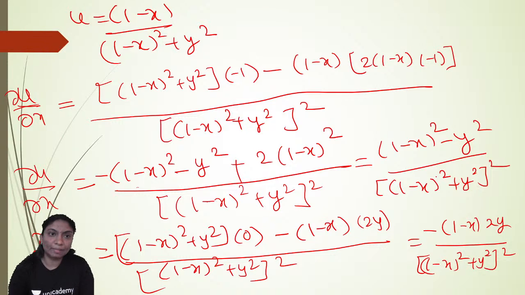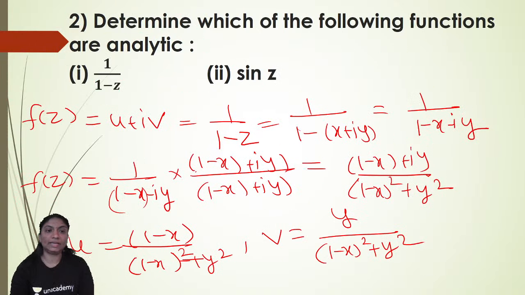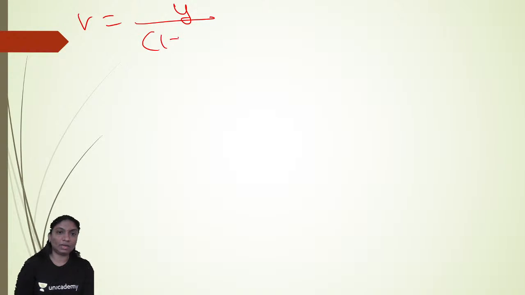Now we will calculate ∂v/∂x and ∂v/∂y. V is y upon (1 minus x) whole square plus y square.